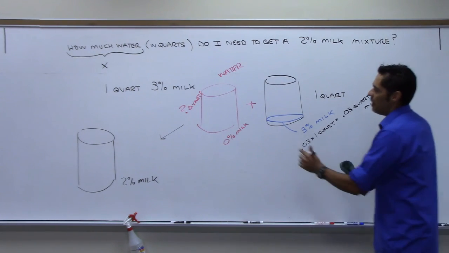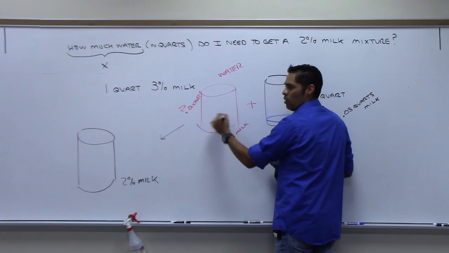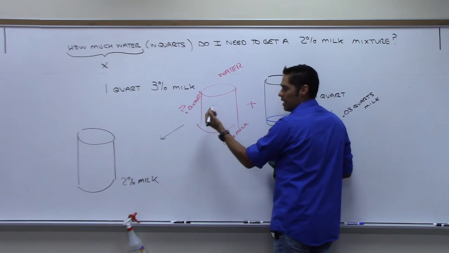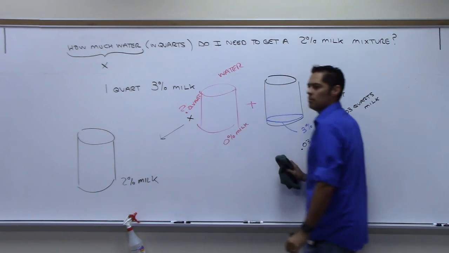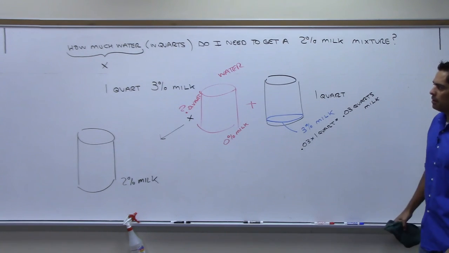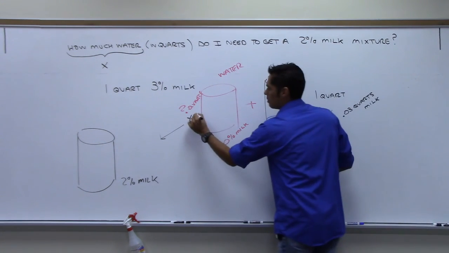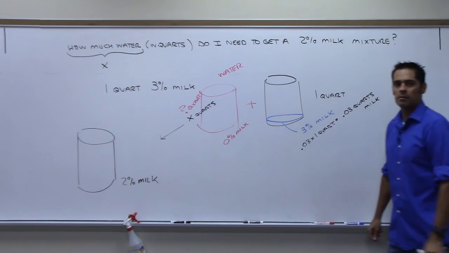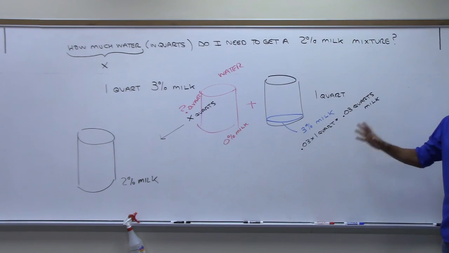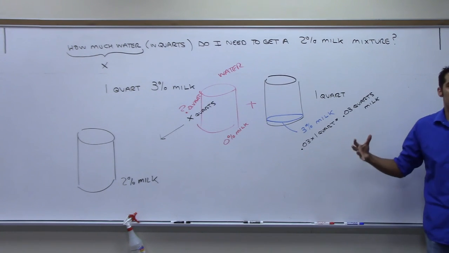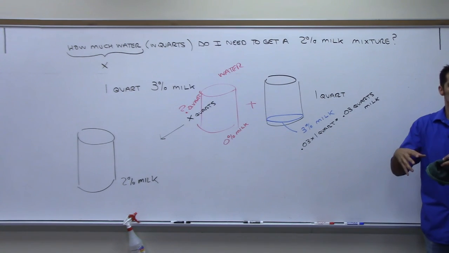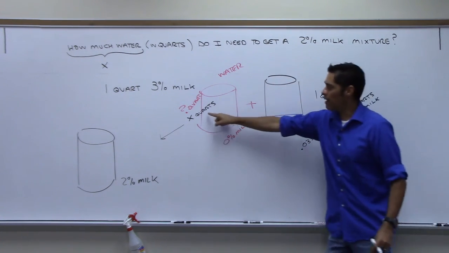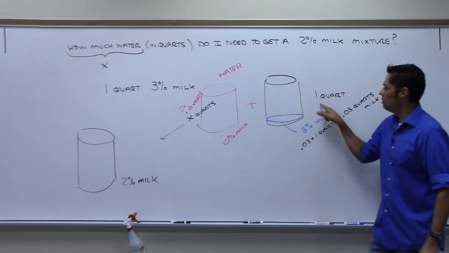So if I were to actually ask you right now how many quarts of water you're going to add, you would tell me what? X quarts, right? X quarts of water? Agreed? How many total quarts are you going to have when you add these two together? Whatever X is plus 1.